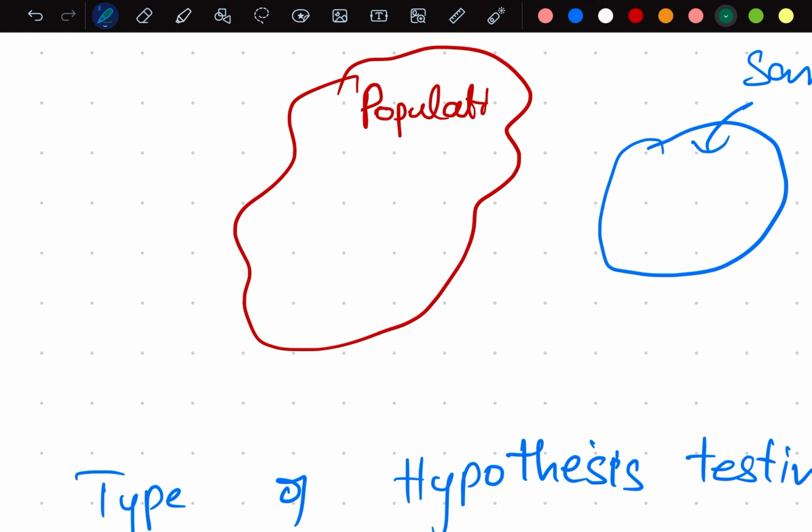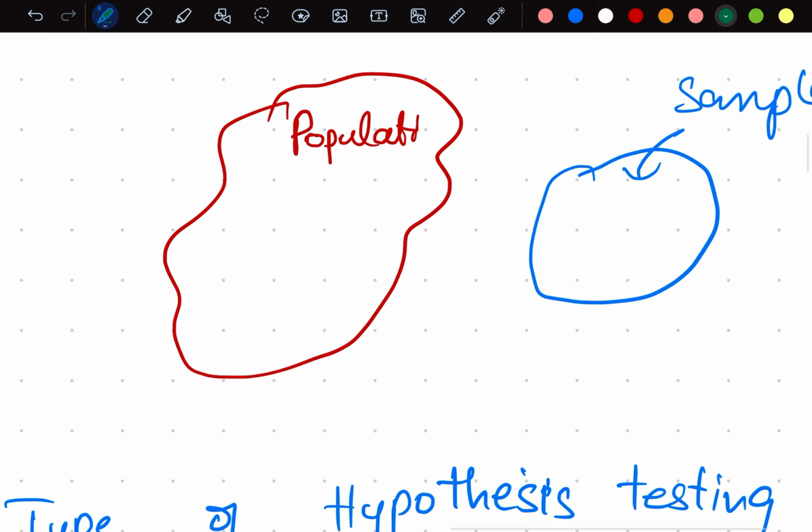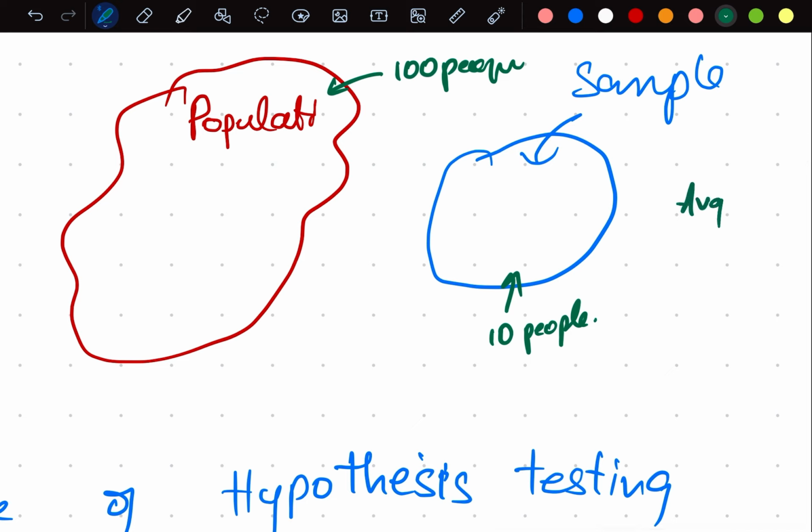That's the reason there is something called sampling in the world of data. For instance, let's say there's a population of 100 people, and you make a sample out of them. Like, you collect 10 people out of them. The main concept of hypothesis testing is, let's say you want to calculate the average income of these people.